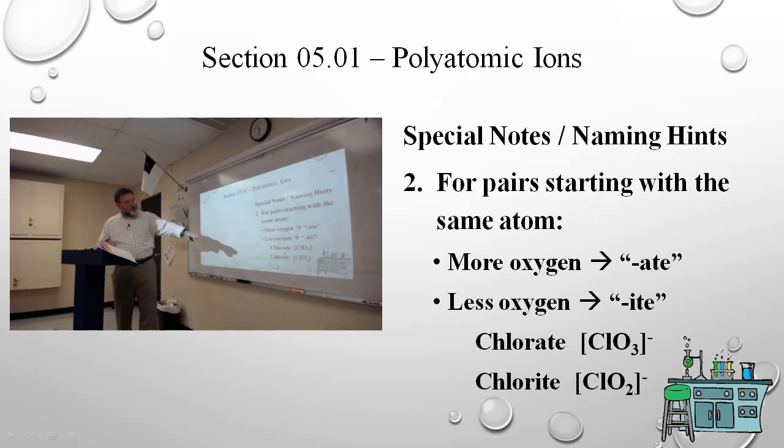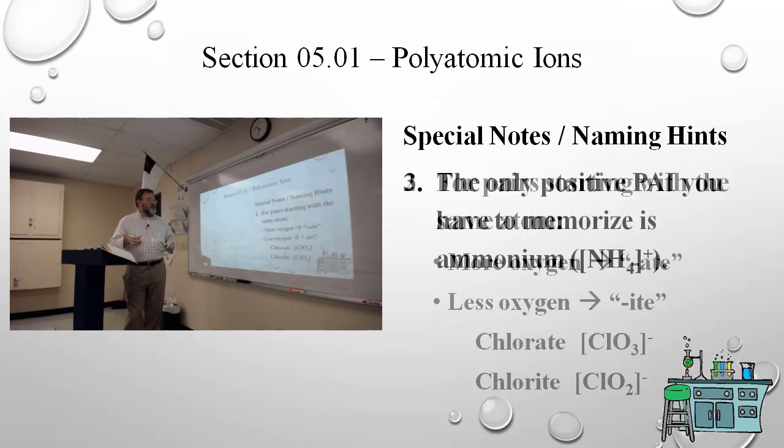It has more oxygens than the other, so it's chlorate. The lesser, chlorite. Okay, so oxygens end in ate or ite. If there's a pair, the more oxygen ends in ate, the lesser ends in ite.